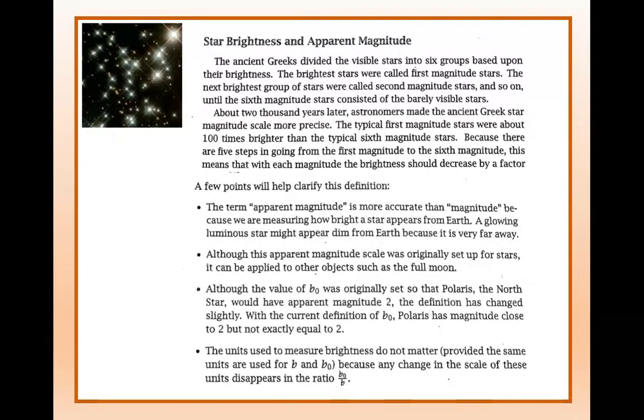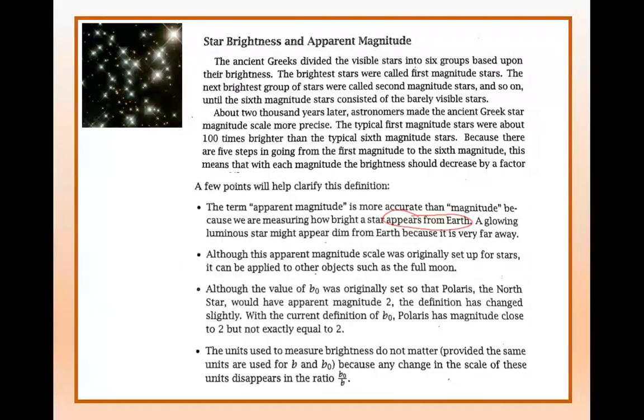The typical first magnitude star was about 100 times brighter than the typical 6th magnitude star, because there are about 5 steps in going from the first to the 6th. This means that with each magnitude, the brightness should decrease by a factor. Apparent magnitude is more accurate because we're measuring how bright the star appears from Earth.